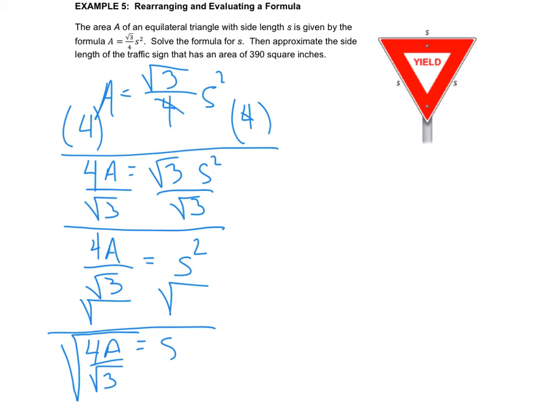That's just rewriting it. So then we want to approximate the side length of the traffic sign that has an area of 390. So basically now I'm going to use the area of 390, and I'm going to plug in 390 where I see the area.